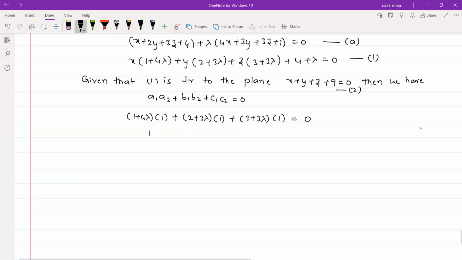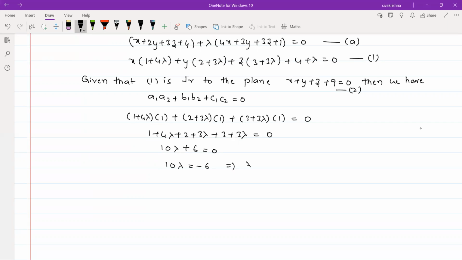On simplifying, we get 1 plus 4 lambda plus 2 plus 3 lambda plus 3 plus 3 lambda equals 0. Adding the lambdas, 3 plus 3 is 6, 6 plus 4 is 10 lambda. For the constants, 1 plus 2 is 3, 3 plus 3 is 6, plus 6 equals 0. So we get 10 lambda equals minus 6.